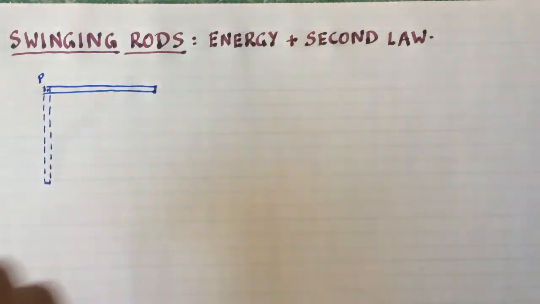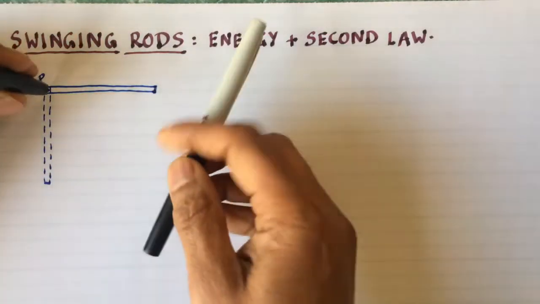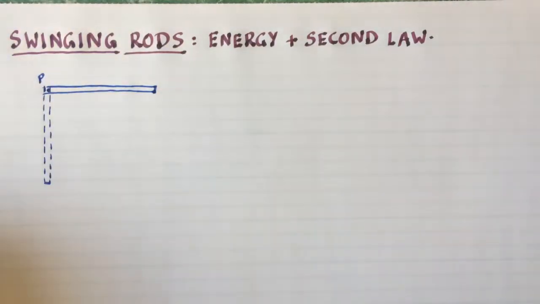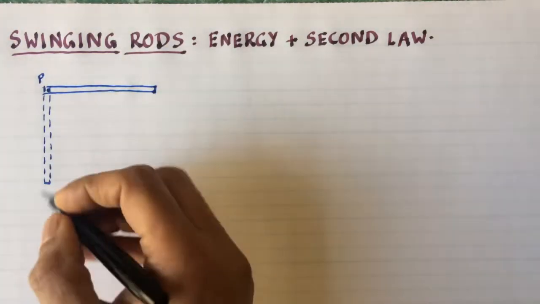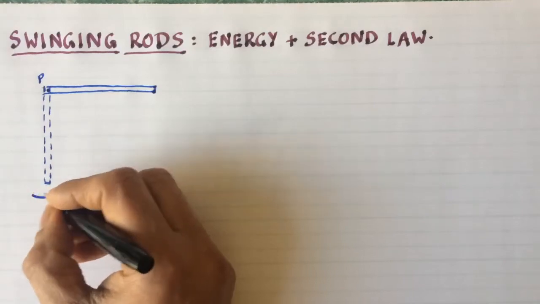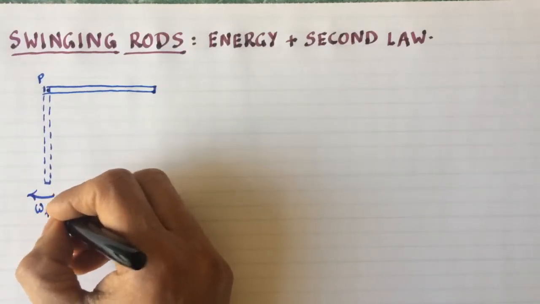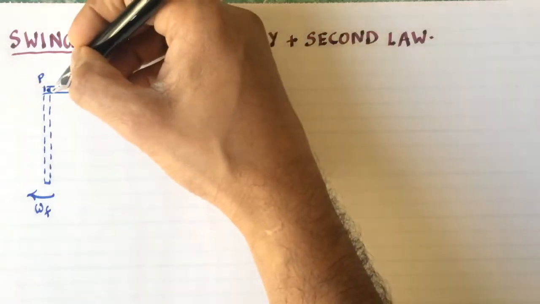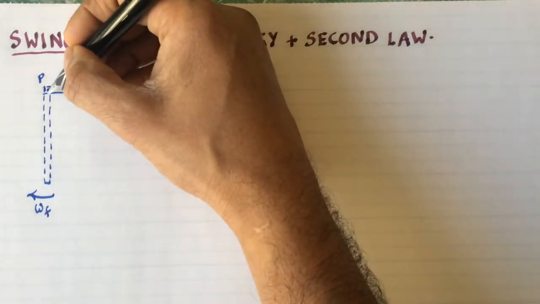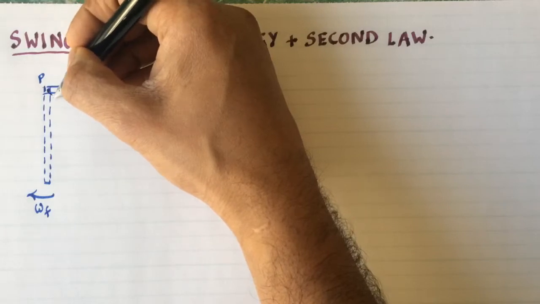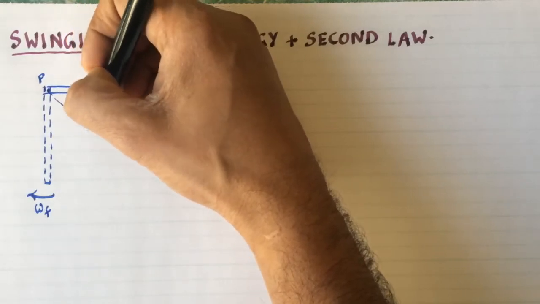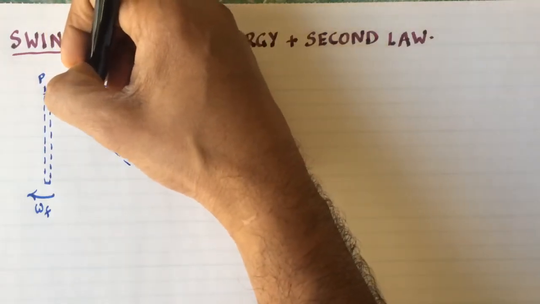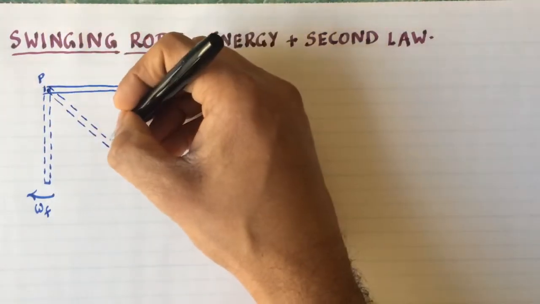So you must think of this as a pivot, and this rod is swinging freely coming down here. What would be the final angular speed? So that would be omega f. And at any given moment of time, let's imagine that the rod is at some intermediate position, theta.